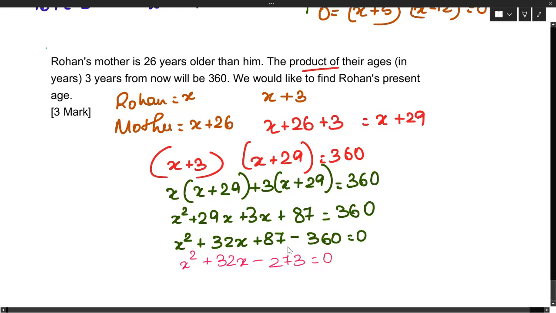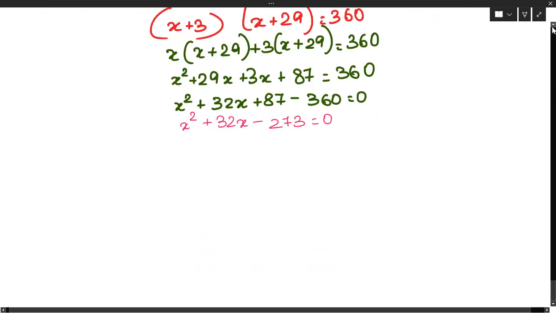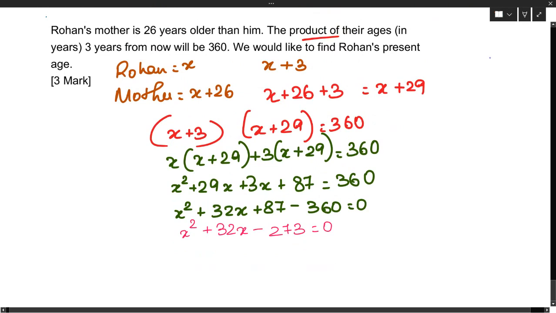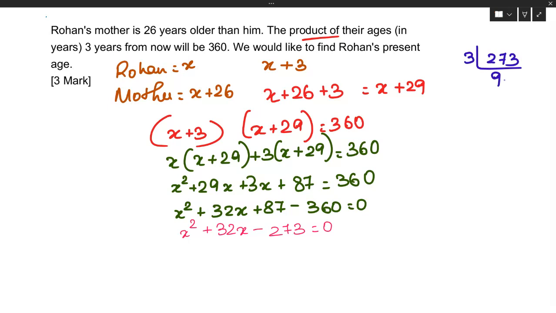Now look at this 273, such a big number. So what we will do, we will use prime factorization here. 273, I think it will go in 3. 3 nines are 27, 3 ones are 3.